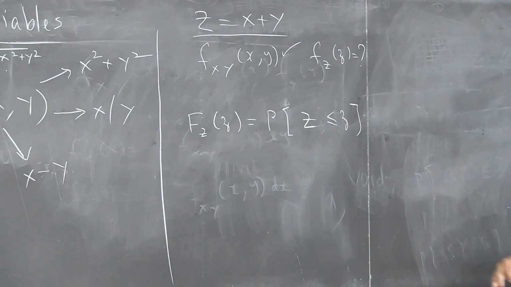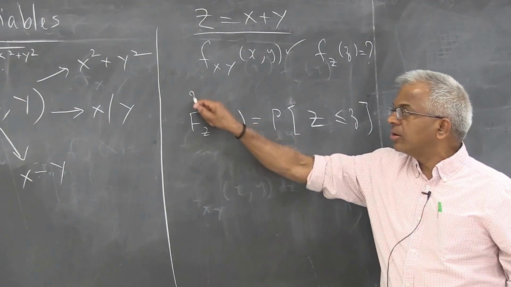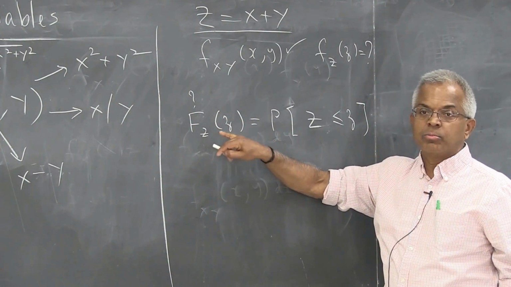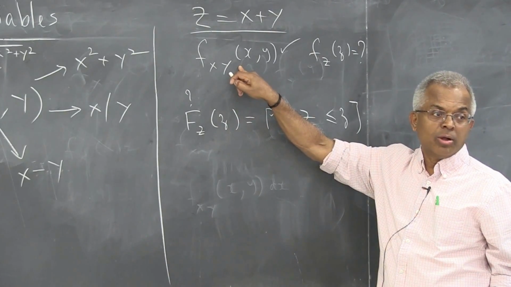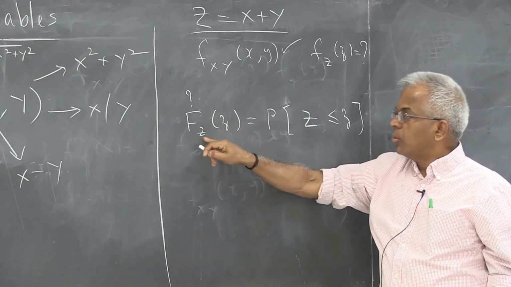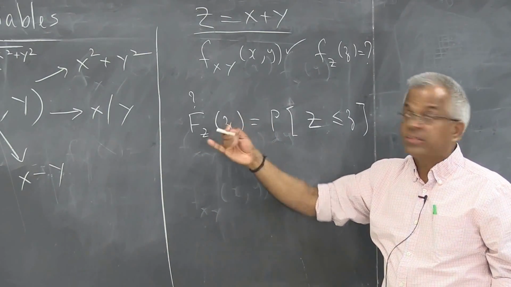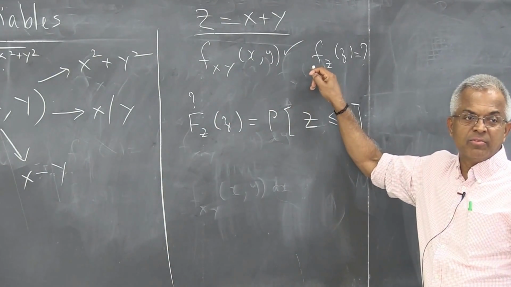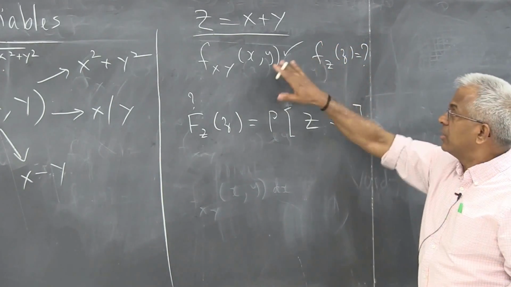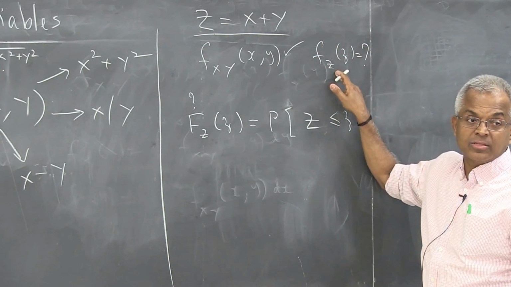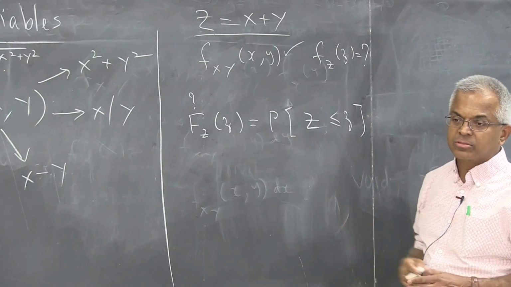Of course, this is the unknown quantity. The whole idea is to somehow write this unknown quantity in terms of the known quantity, and then once you have the distribution function, we can take the derivative and find the density function. It's generally not a good idea to try to solve this problem directly for the density, as you will see through several examples.